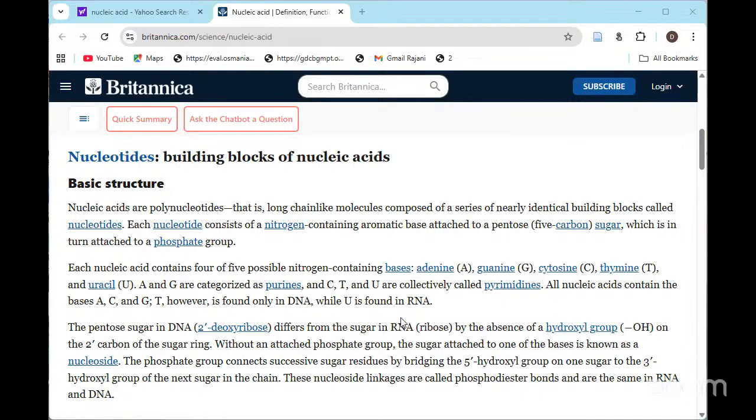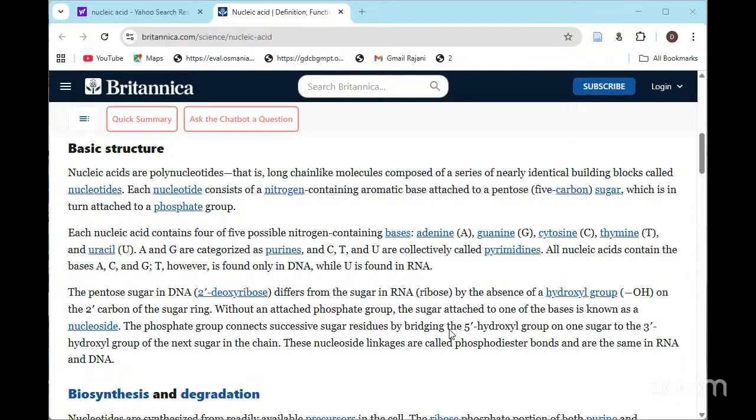Next, the phosphate group links successive sugars, joining the 5' hydroxyl group to the hydroxyl group of the next sugar in the chain.